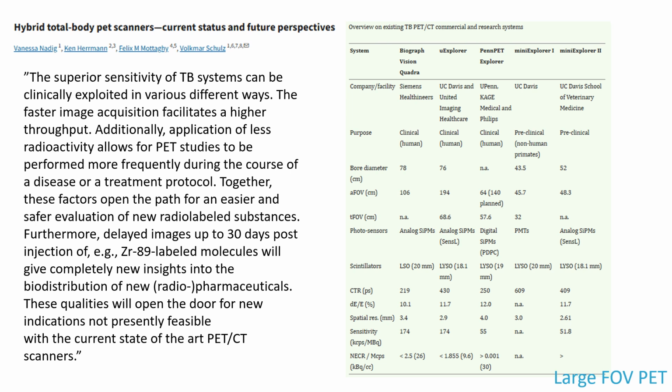Together, these factors open the path for an easier and safer evaluation of new radiolabeled substances. Furthermore, delayed imaging up to 30 days post-injection gives completely new insight into the biodistribution of new radiopharmaceuticals, and these qualities will open the door for new indications not presently feasible with the current state of the art of PET-CT scanners.